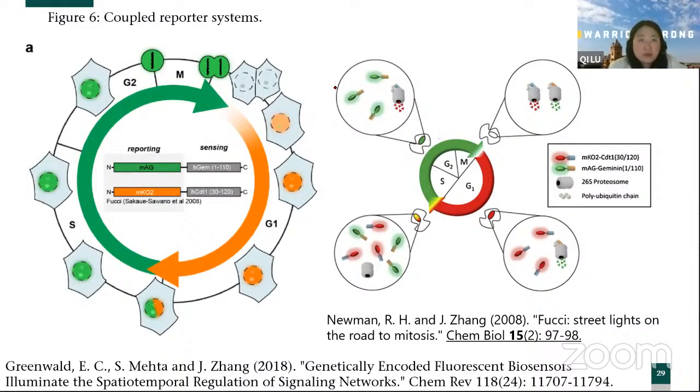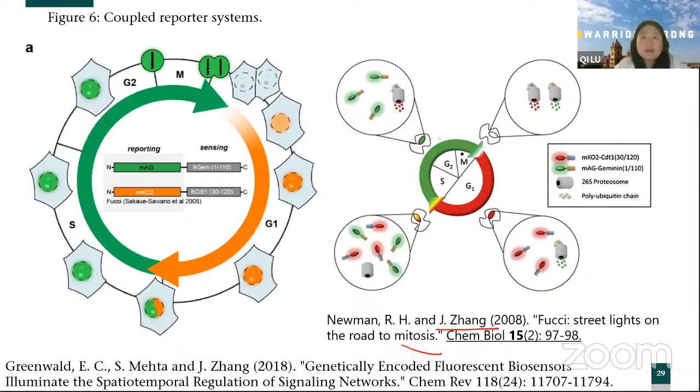It's a coupled reporter system that can analyze mitosis. And this is Zhang's work, and this chapter is also written by the Zhang lab.